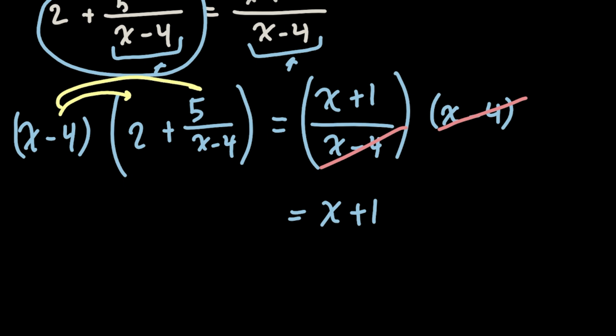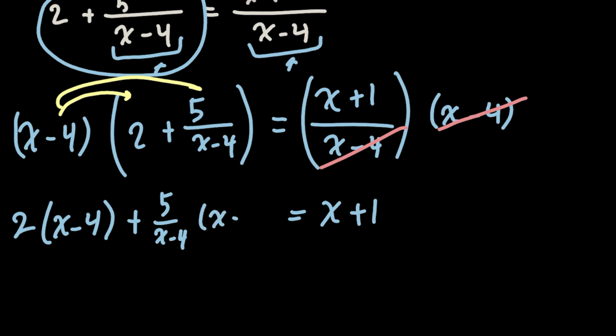So what we'll have is 2 multiplied by x minus 4 plus, here we will have 5 over x minus 4 multiplied by x minus 4. So as you can notice, this x minus 4 and this x minus 4 would be cancelled.